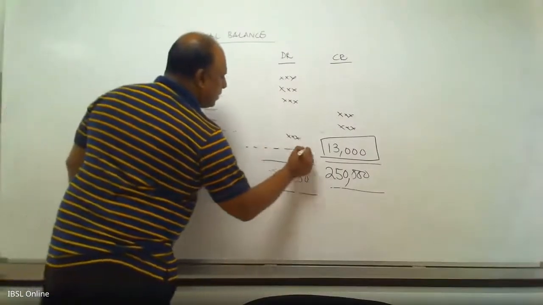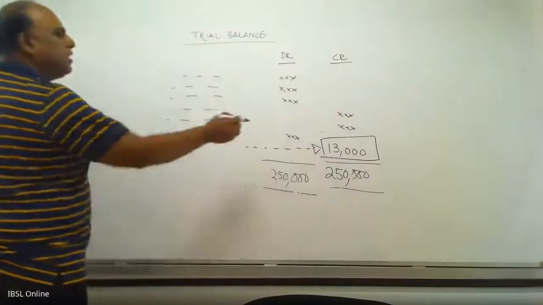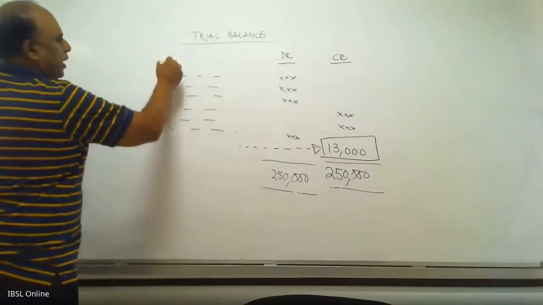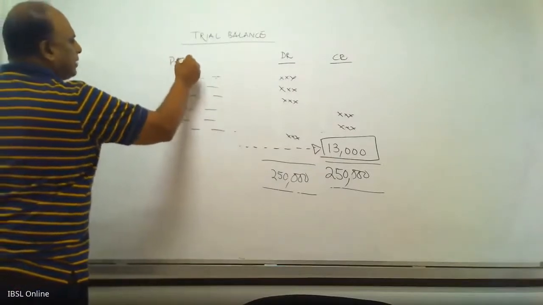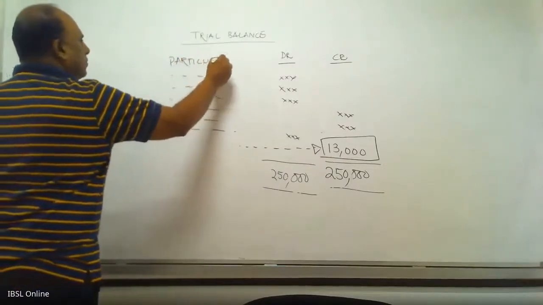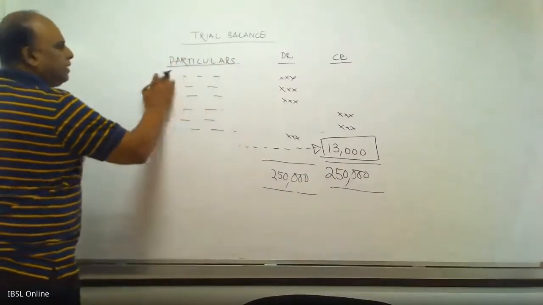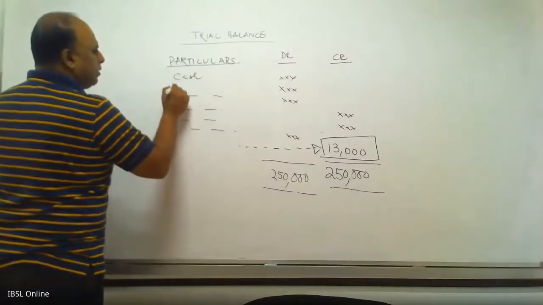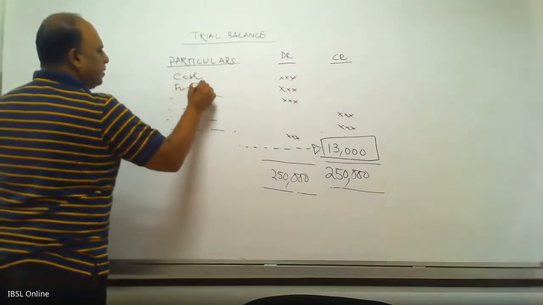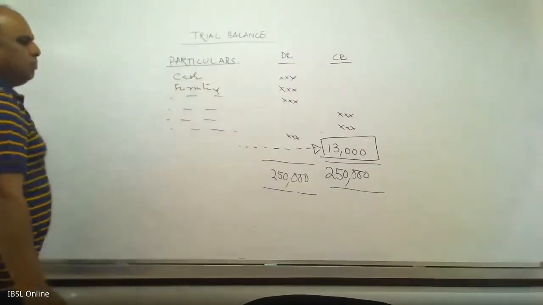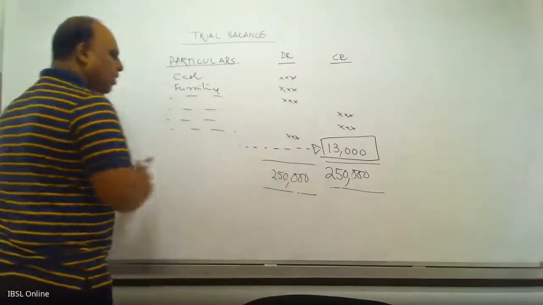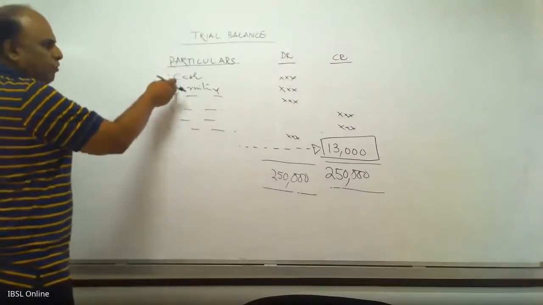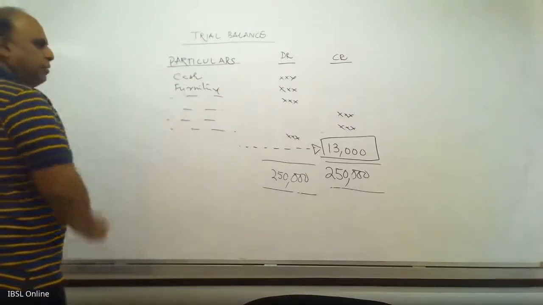Now the problem is this 13,000 was not from an account in my ledger. Say this is cash, this is furniture, and likewise you have other items. But this 13,000 is something we have all of a sudden come and put there. So this is not from the list of accounts that I had in my ledger.